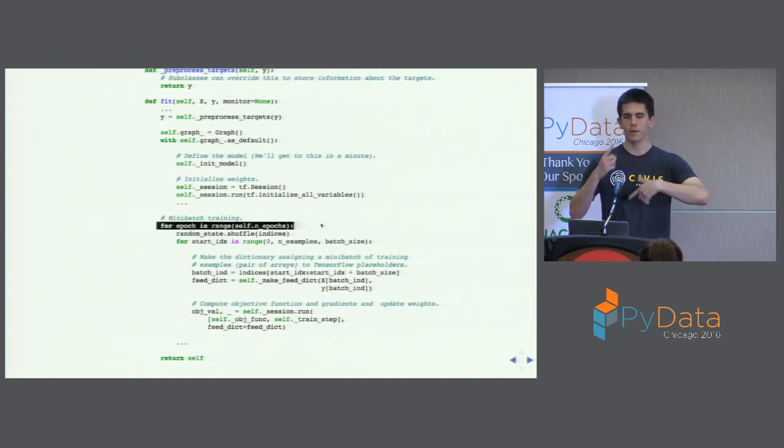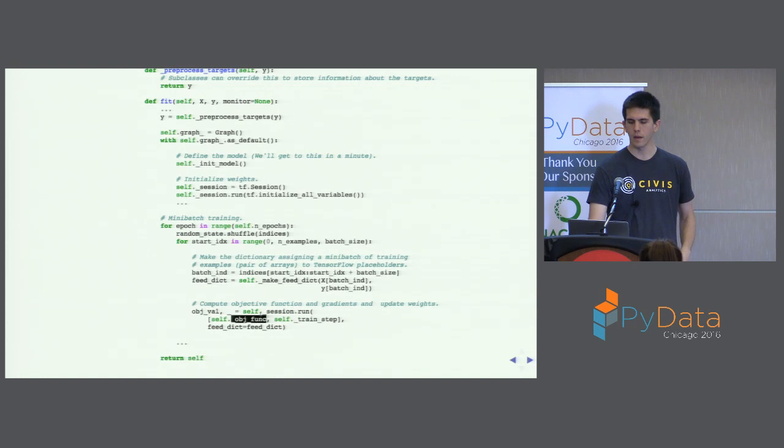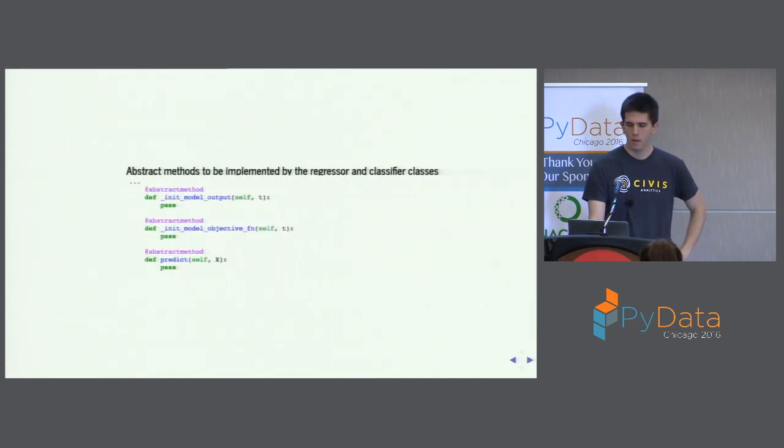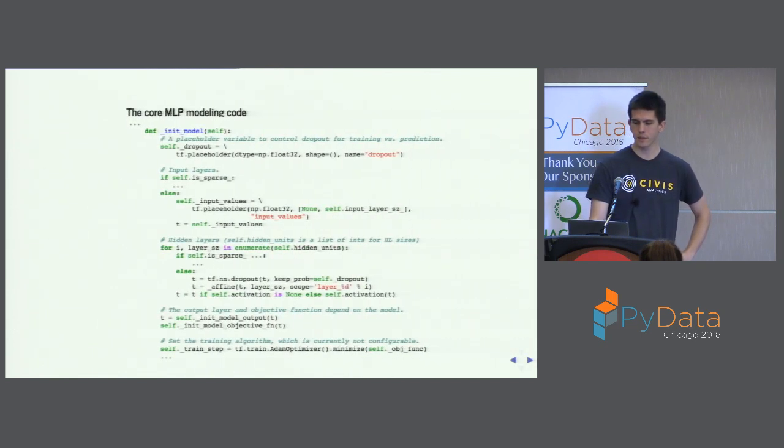We'll go through a number of iterations through the training data, and this will have the learning algorithm running updates where we pass in the mini batches of the training examples. So there are some abstract methods we need to implement, but the core modeling code looks like this.